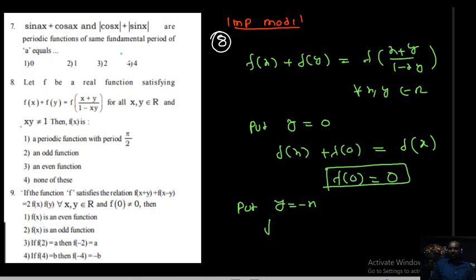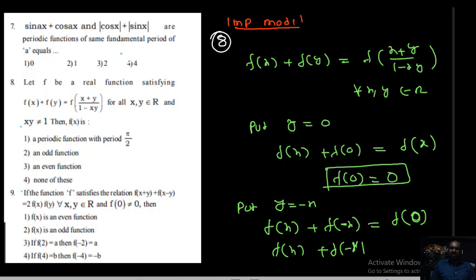What happened? f of x, no change, plus f of minus x, equal to f of (x plus minus x) by (1 plus x square). Instead of y, if you write minus x, the total is 0, no? 0 by 1 plus x square. So finally I can write 0. So f of x plus f of minus x equals f of 0, which is already 0. So what I got I will write here.